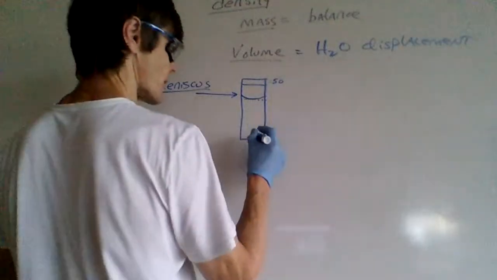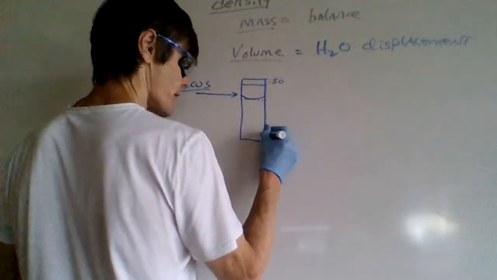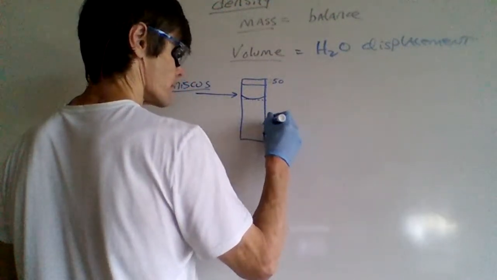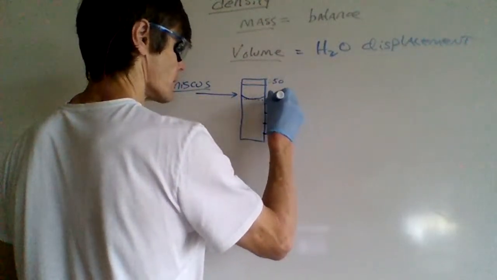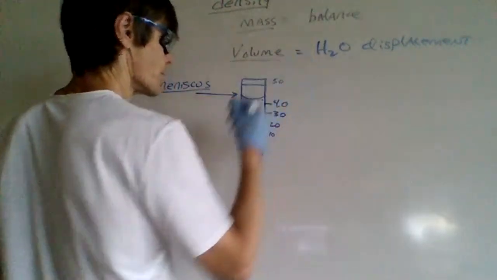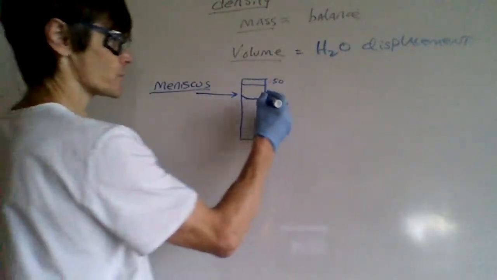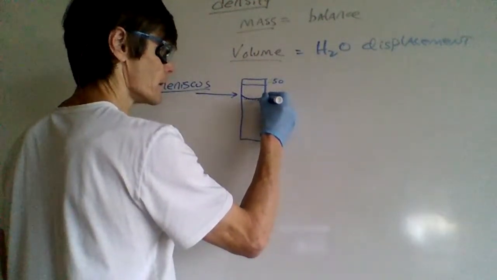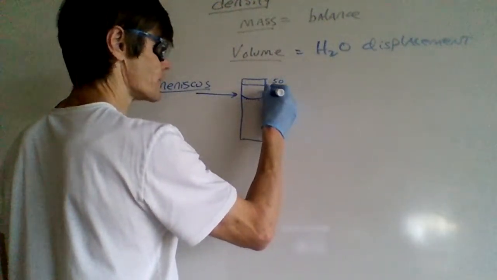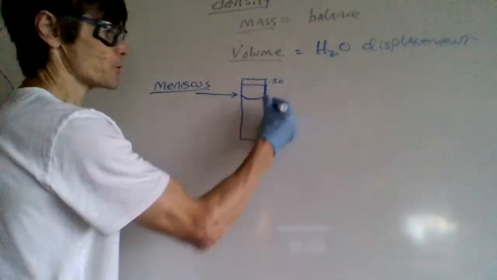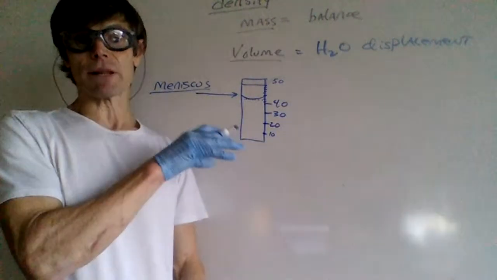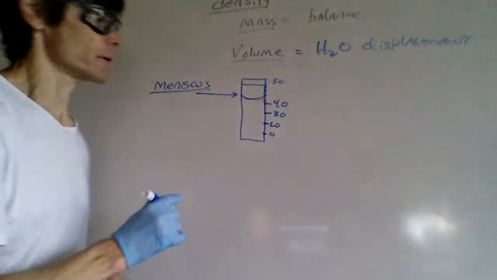We would read this level. This here might be 10. This might be 20, this might be 30, this might be 40, and there's 50. It's not quite as graduated as I like. We would look at the different scale markings on there and estimate between two of them where that place is initially.